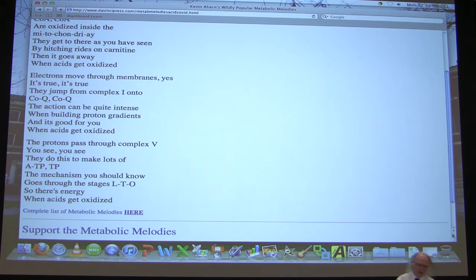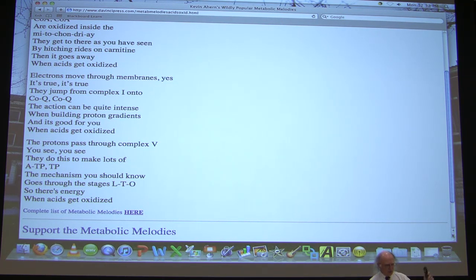The action can be quite intense when building proton gradients, and it's good for you when acids get oxidized. The protons pass through complex V, you see. They do this to make lots of ATP. The mechanism you should know goes through the stages, so there's energy when acids get oxidized.